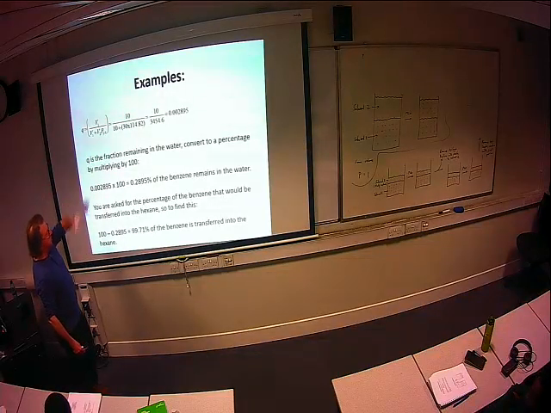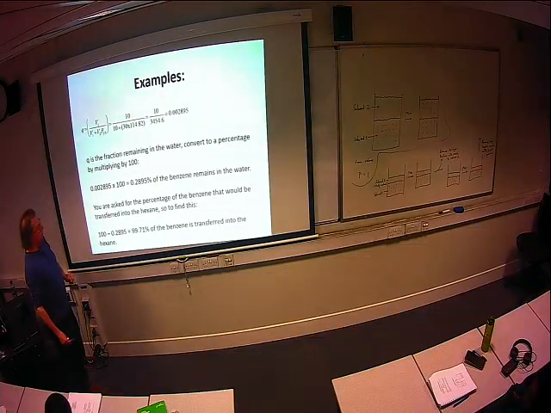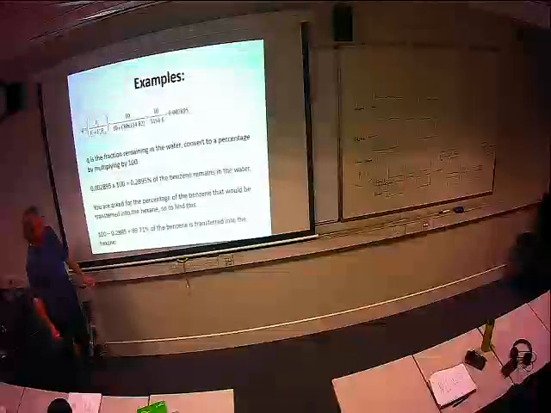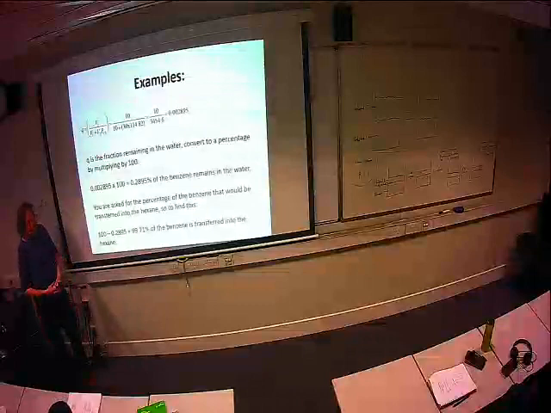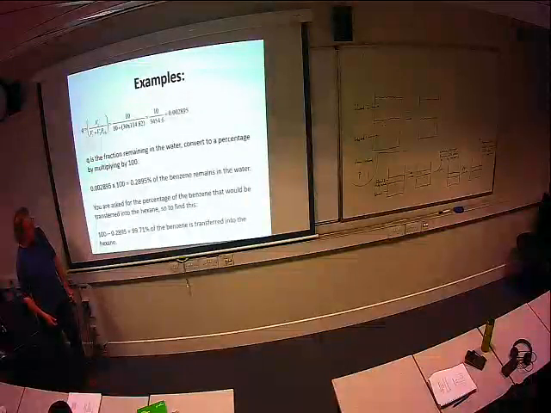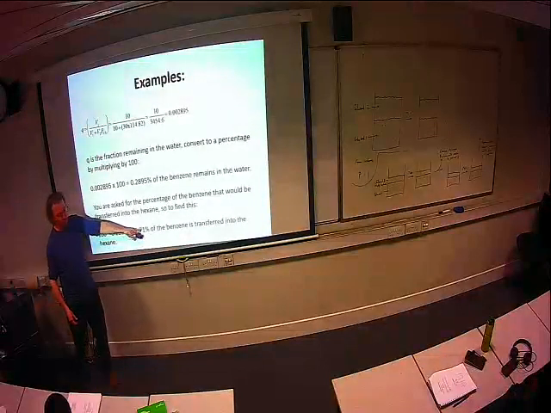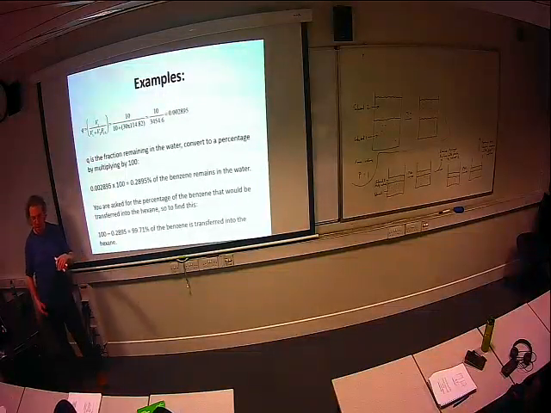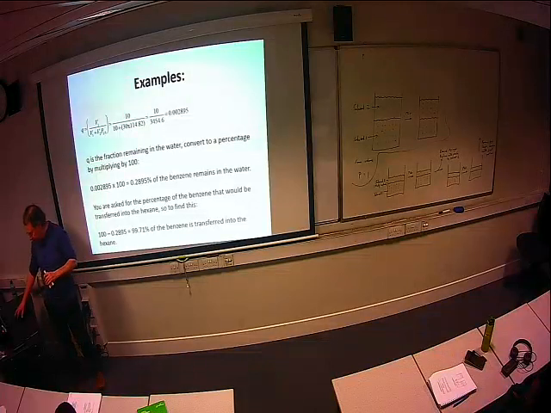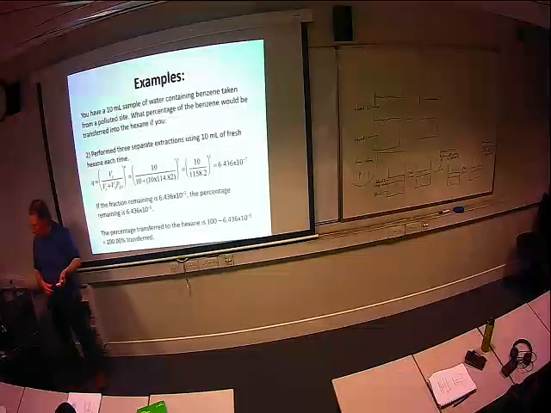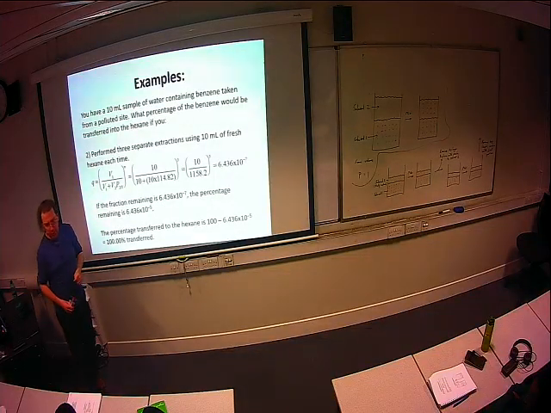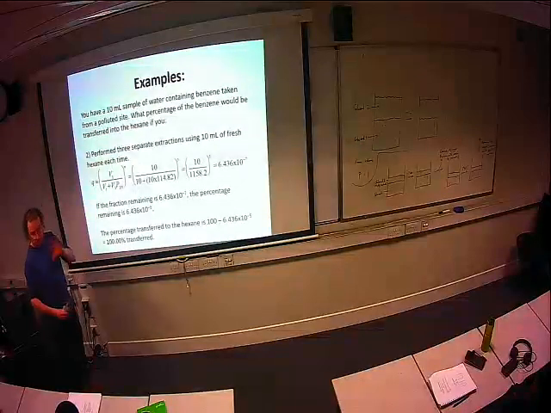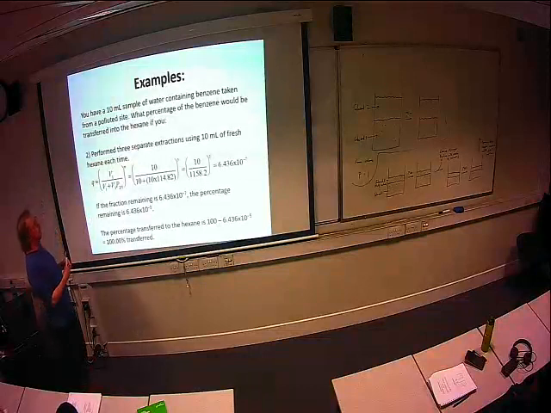So in percentage terms, it's only 0.2895% of the benzene left behind in the water, meaning that we've got 99.71% of the benzene dissolved in the hexane. But now we'll go through the calculation for these repeated extractions. Same overall volume, but we've divided it into smaller portions.